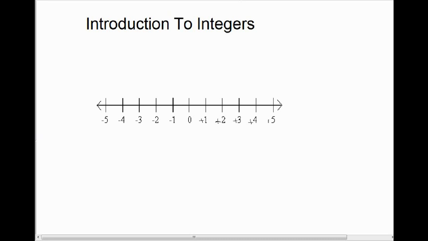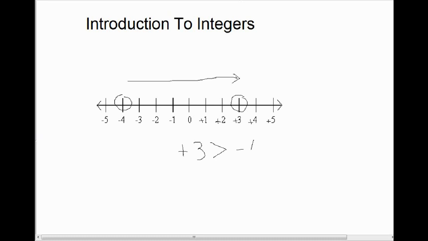Now, as we talked about before, bigger numbers are further to the right on a number line. So if we look at the value +3 and the value -4, well, we can see that the one that's furthest to the right is +3. So we would say that +3 is greater than -4, which mathematically we would write like this.